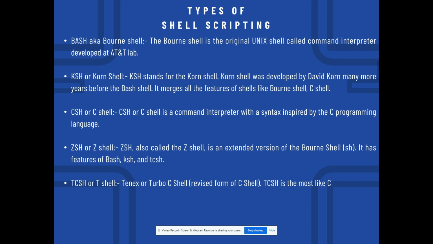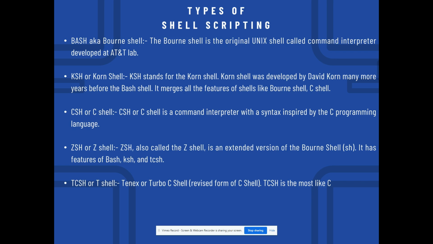The next one is KSH, which we call the Korn shell, and KSH stands for Korn. The Korn shell was developed by David Korn many years before the bash shell, and it merges all the features of the Bourne shell and the C shell. We will see this in the upcoming demo.